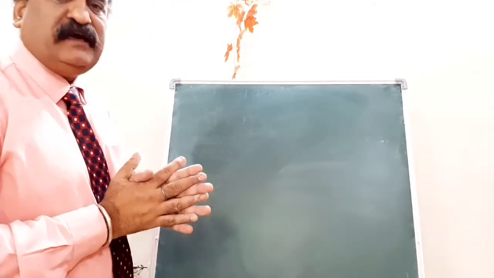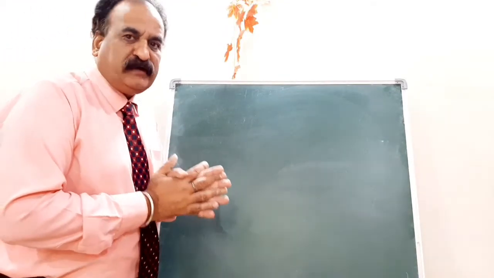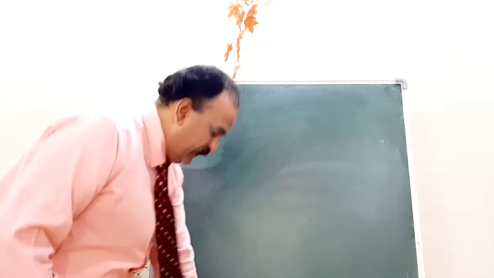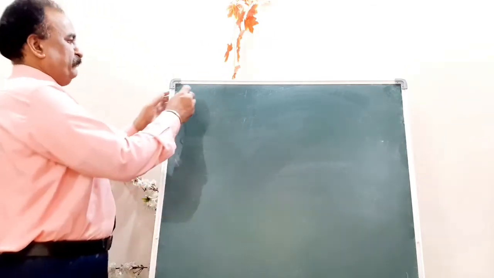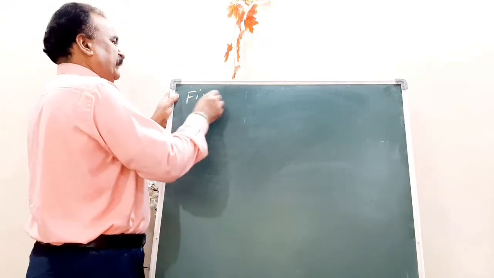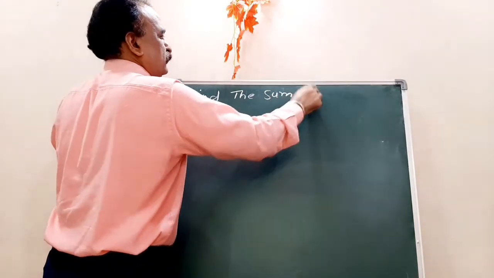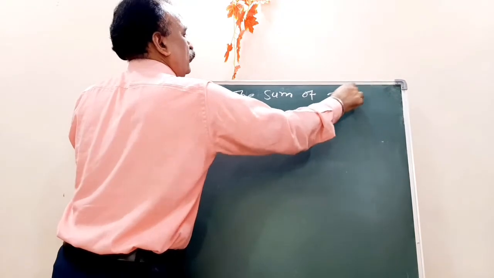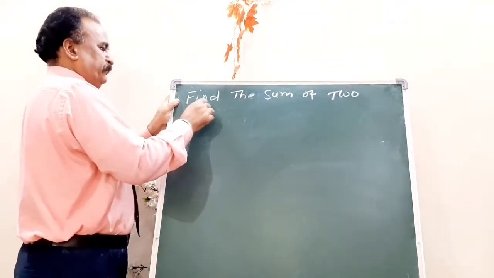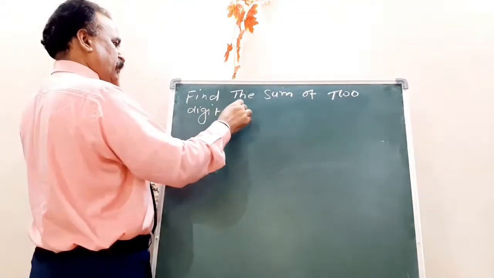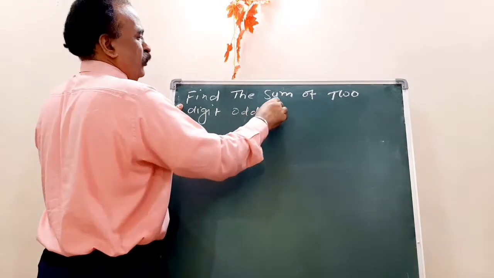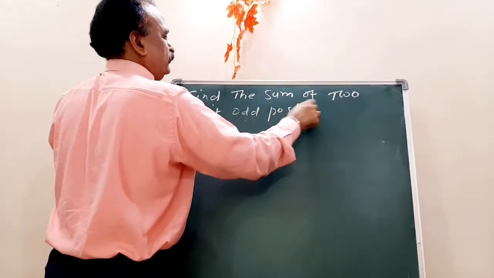Now a few more questions I am going to discuss about AP. Find the sum of two-digit odd positive numbers.